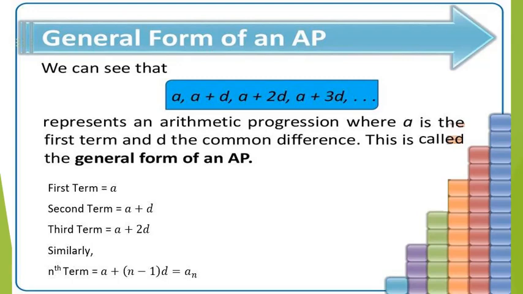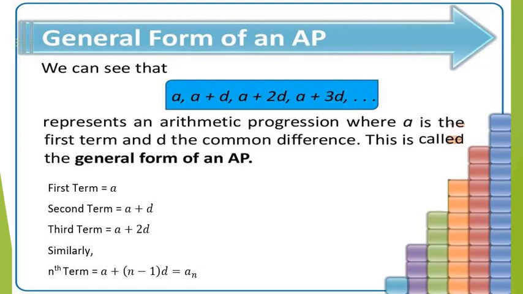So here we can see that the first number is a, the second number is a plus d, third, a plus 2d, fourth, a plus 3d. This represents an arithmetic progression where a is the first term and d is the common difference. This is called the general form of an AP.